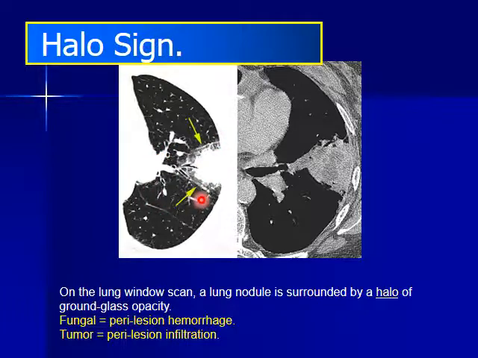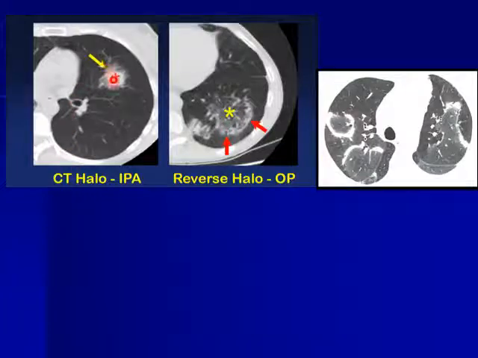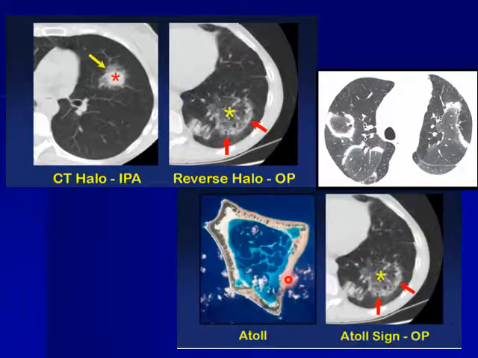If we see this appearance, it means that either we have a fungal infection with fungal infiltrations or hemorrhage, or a tumor with peritumoral infiltrations or hemorrhage. Okay, so this is halo. Again, this is halo sign. The core is hyperdense with a rim. And this is the reversed halo sign, or what is called atoll sign. Okay, atoll sign.